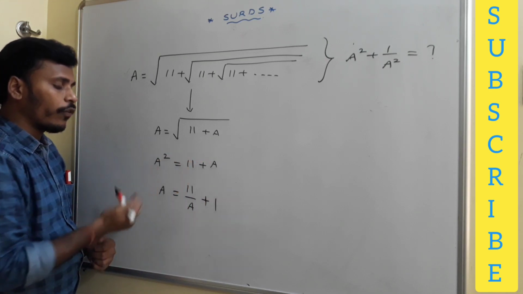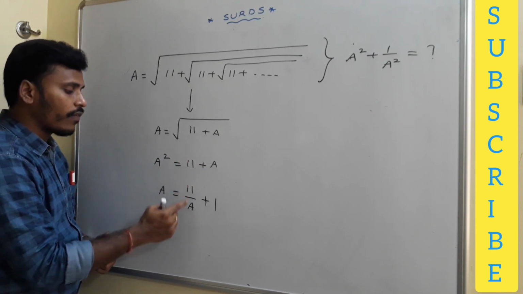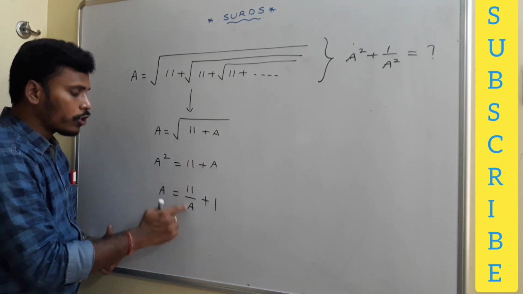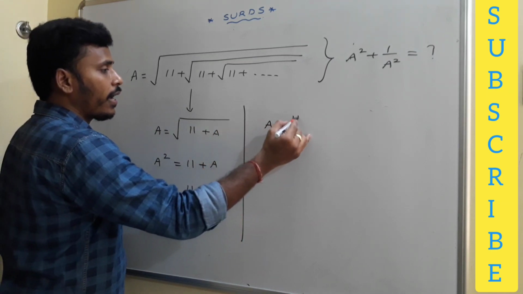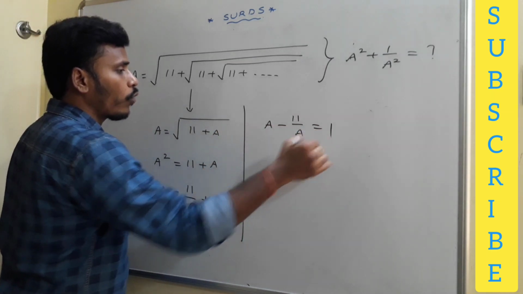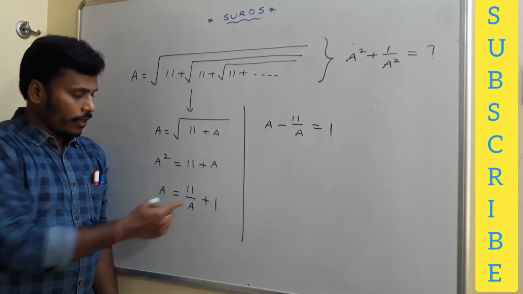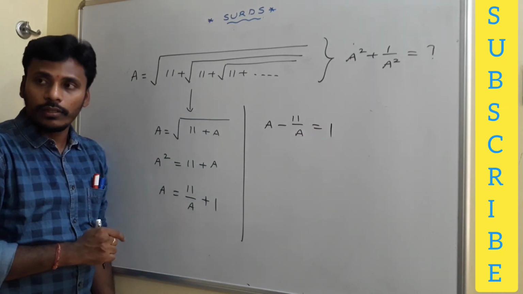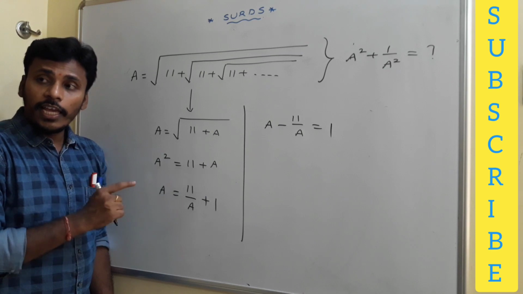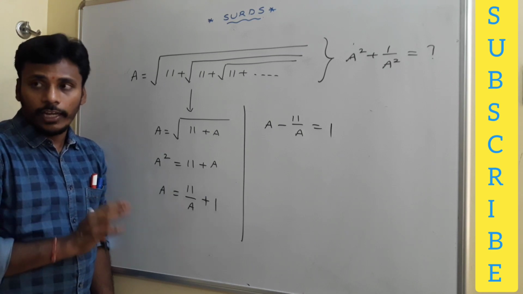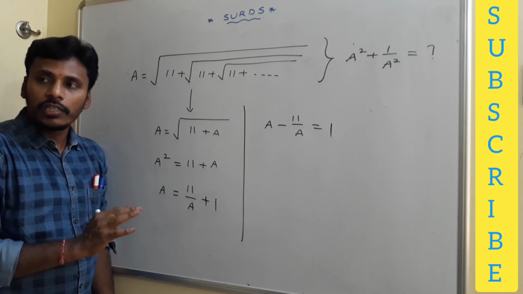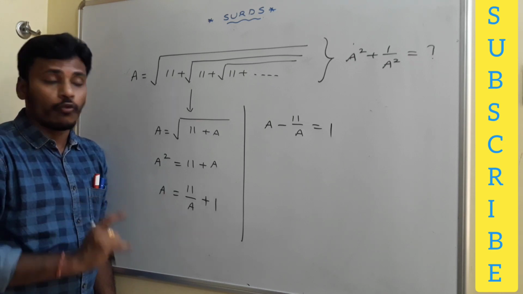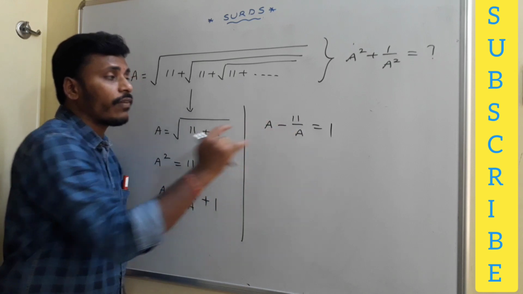Then I can write it like A minus 11 by A is equal to 1. A minus 11 by A is equal to 1. Since A is not a rational value, A is not simple to find, nobody asks you to find A, but they ask you to find the value of A minus 11 by A.